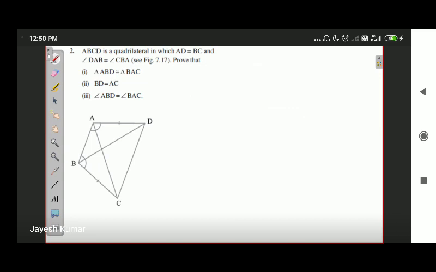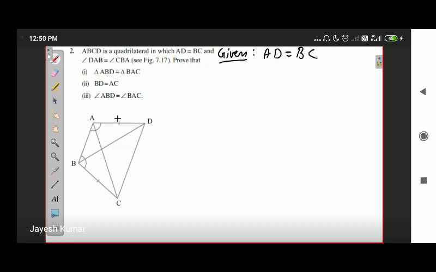Now, coming back to question number 2. Question number 2 is, ABCD is a quadrilateral in which AD and BC are equal. In this quadrilateral, AD and BC are equal. Let us write down what is given to us. First of all, AD is equal to BC.